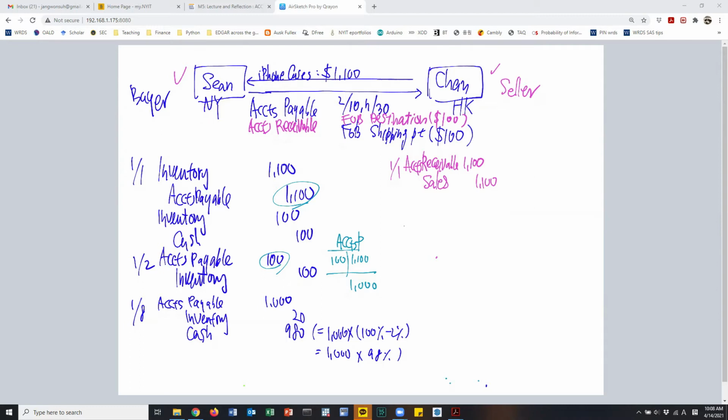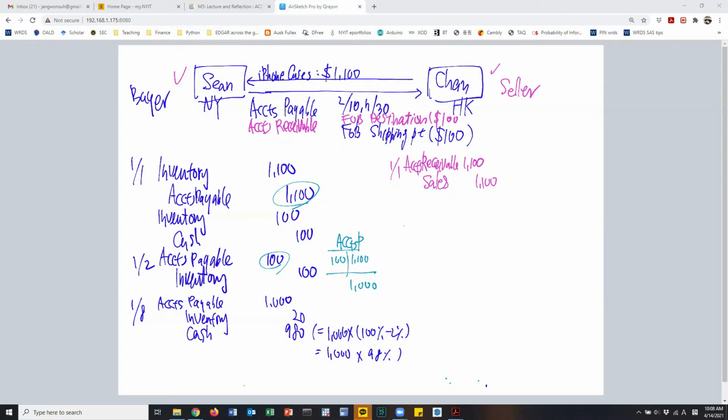Okay, why in this case does the seller pay the freight fee? Because to make a sale, right? So this is a type of expense that should be matched to the sales, right? Revenue recognition principle, expense and matching principle.